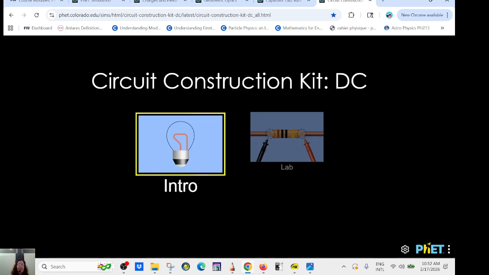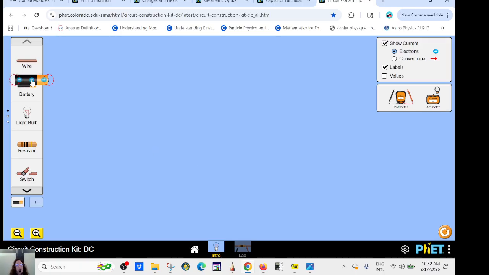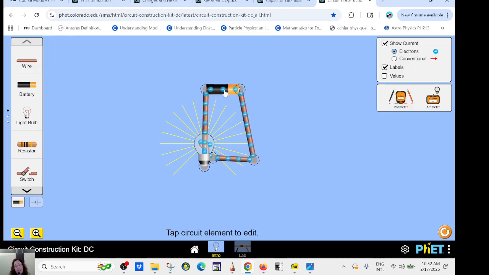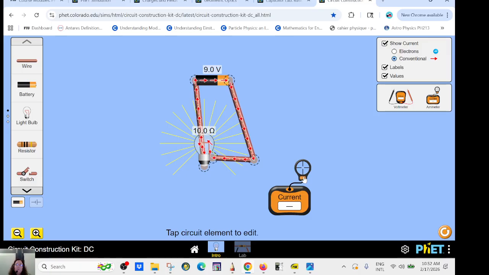So let's do that again. So what you are measuring here is the current.